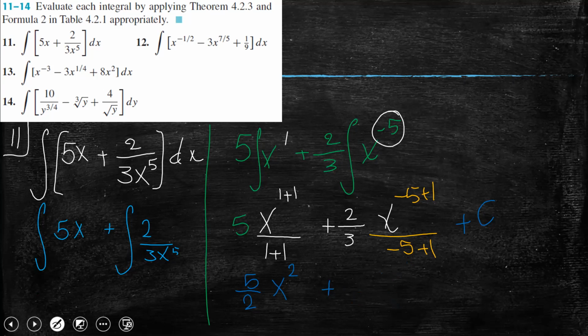I will simplify it here now. I have 2 over 3 x to the power -4 over -4. Since we have x to the power -4, I keep it in the denominator as x to the power 4. Then here we have 2 over 3 times 1 over 4. Let's simplify it. So it will be -1 over 6, so it is -1 over 6x to the power 4 plus c. Is it clear?